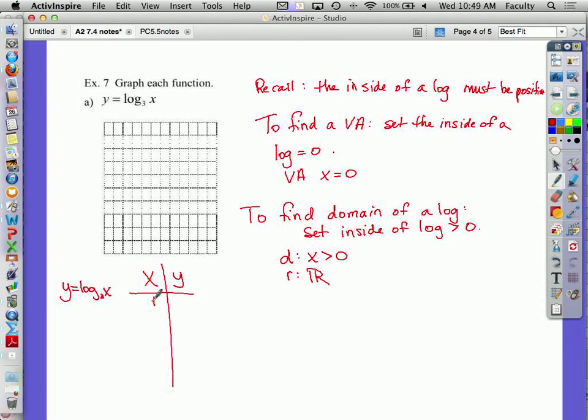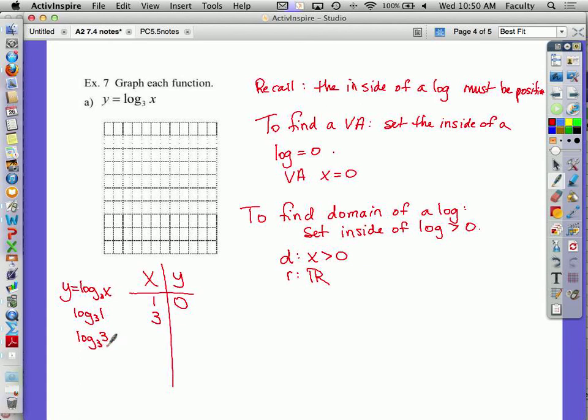Remember, x has to be positive. So if I start with 1, you're asking yourself, the log of 1 base 3, what exponent does that? 0. Now the next nice number I want to do is a 3, and you'll notice the pattern in a moment. What if I have the log of 3 base 3?